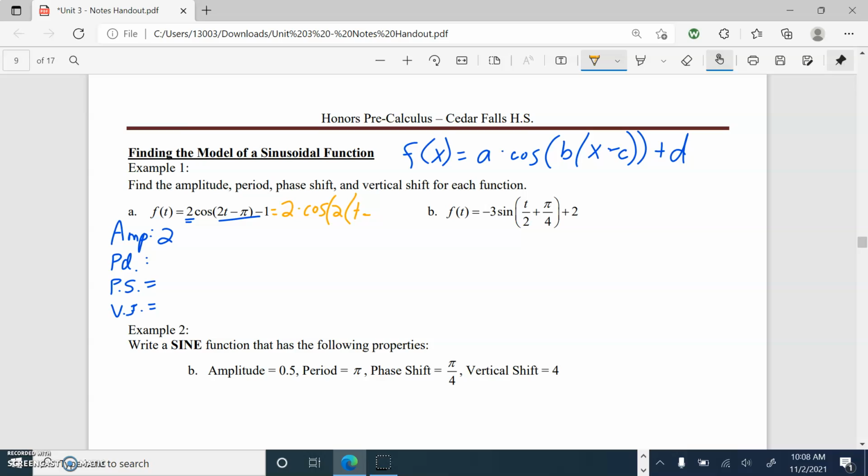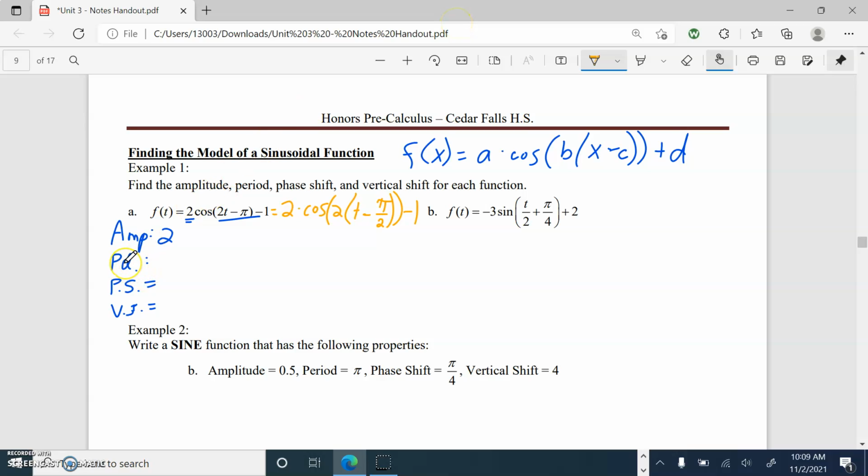We want to end up by redistributing the 2: 2 times the first term, we get 2t. 2 times the second term, we need to get pi. So inside the parentheses, we write pi over 2 minus 1. That way, when we take 2 times t, we get 2t. We take 2 times pi over 2, we just get our pi. And then minus 1. So now we can move forward.